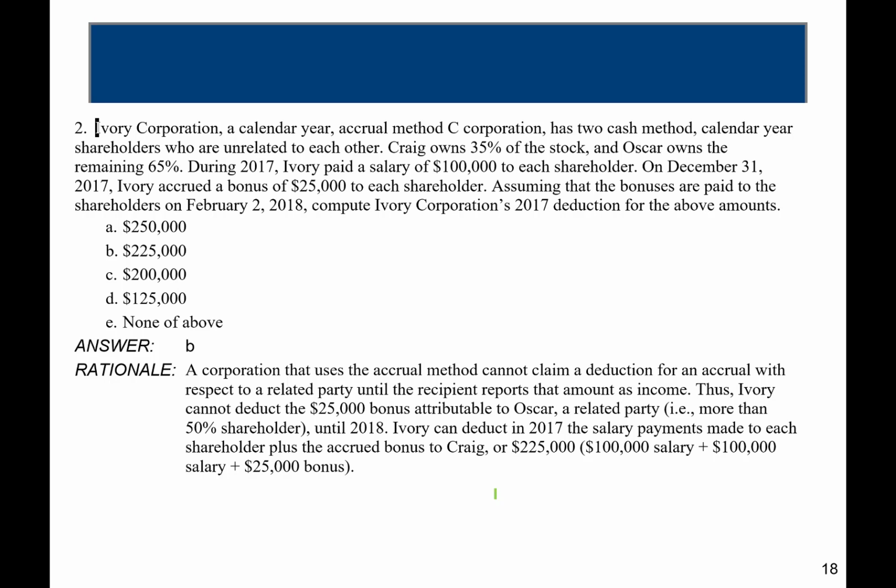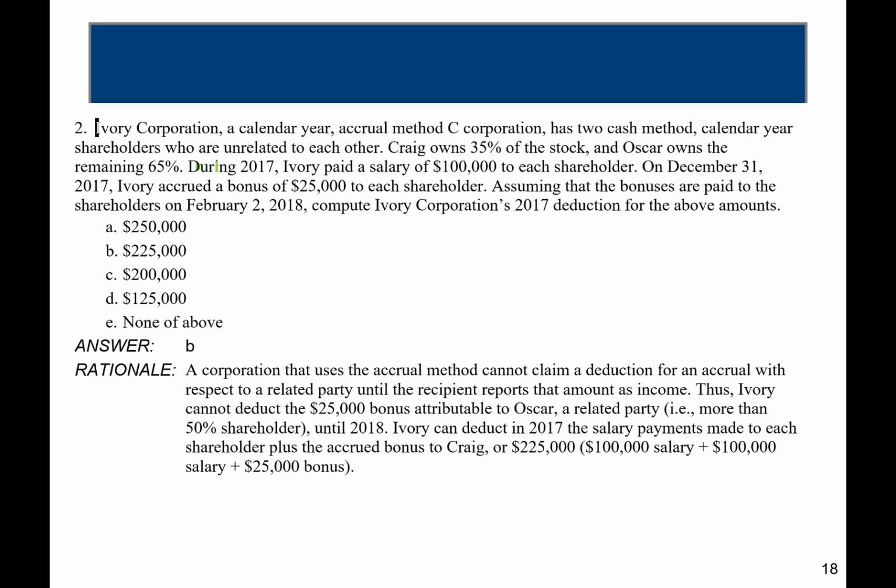So Ivory paid salary of $100,000 to each shareholder. On December 31st, 2017, Ivory accrued a bonus of $25,000 to each shareholder. Assume the bonuses are paid to the shareholders on February 2nd, 2018. Compute Ivory Corporation's 2017 deduction.